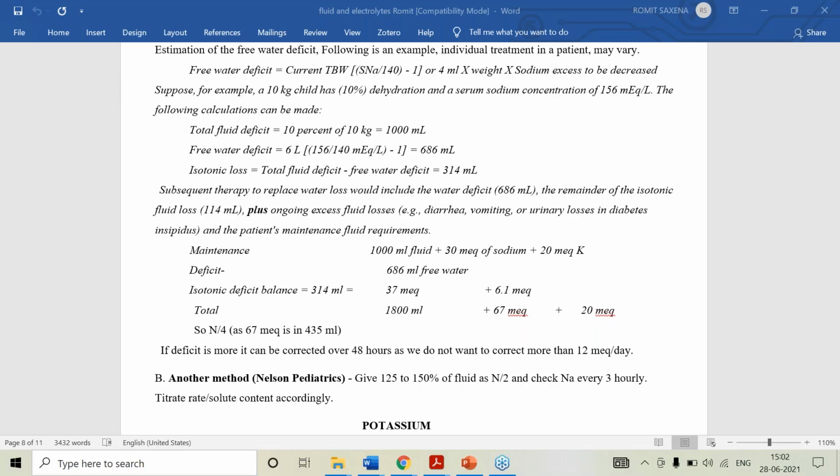Okay, so I will explain with one example. Can you see the screen now? I really can't know whether you can see or not.